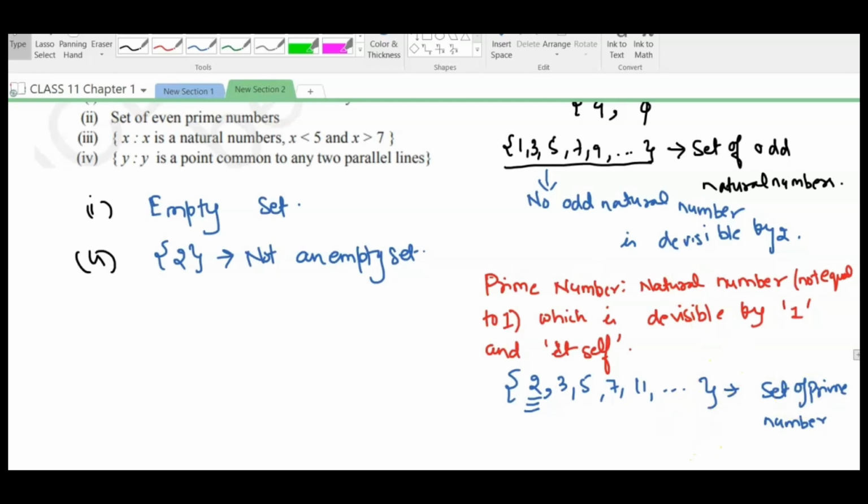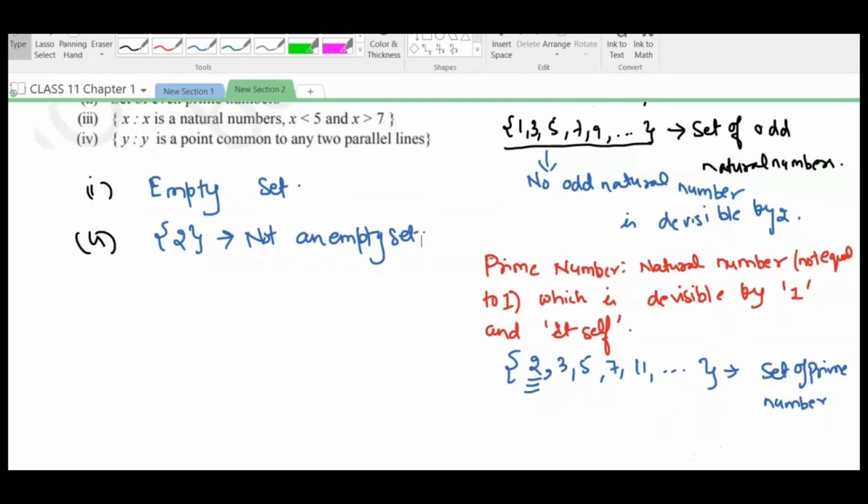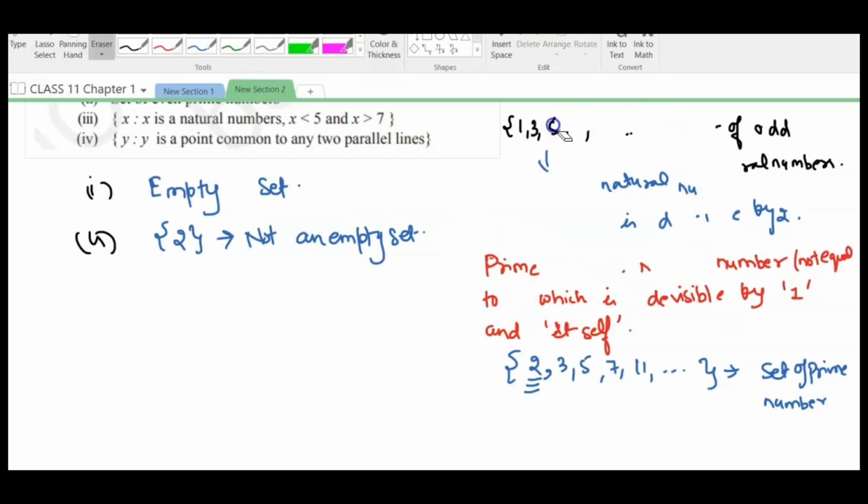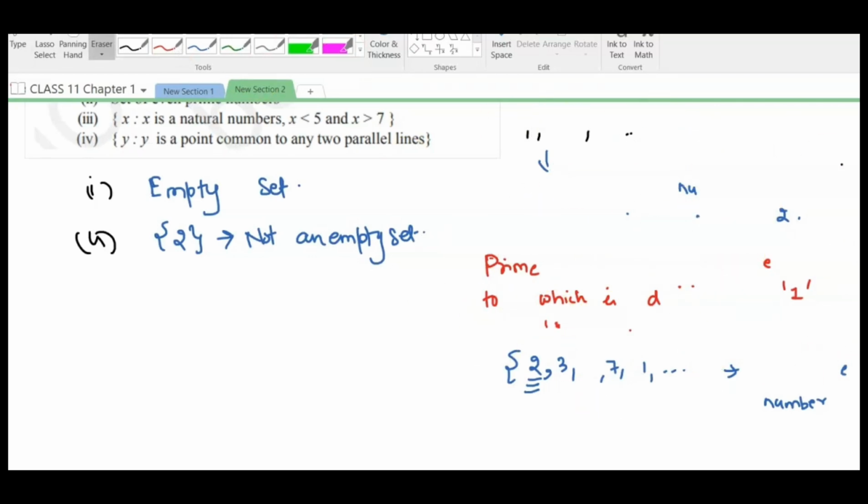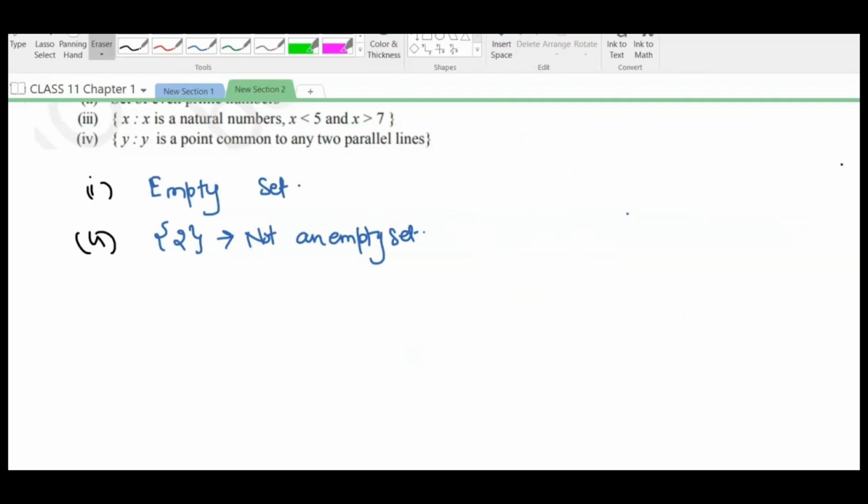Okay, now let's erase some of this portion so that we can write for our third part. So the third part is the set x such that x is a natural number, x is less than 5 and x is greater than 7.